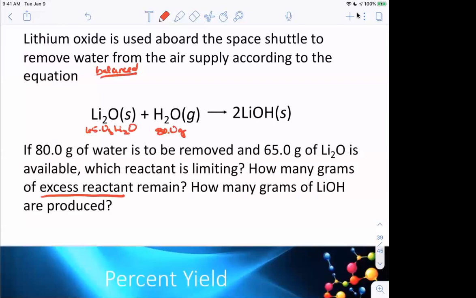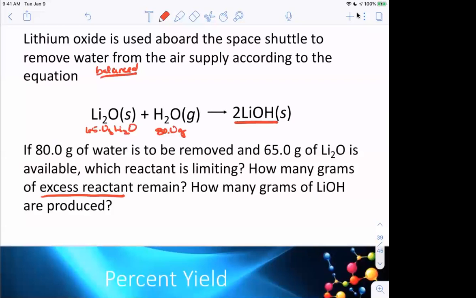So this is what we're going to do. I'm going to find out the amount of lithium hydroxide that can be produced using the 80 grams of water and the 65 grams of Li2O.